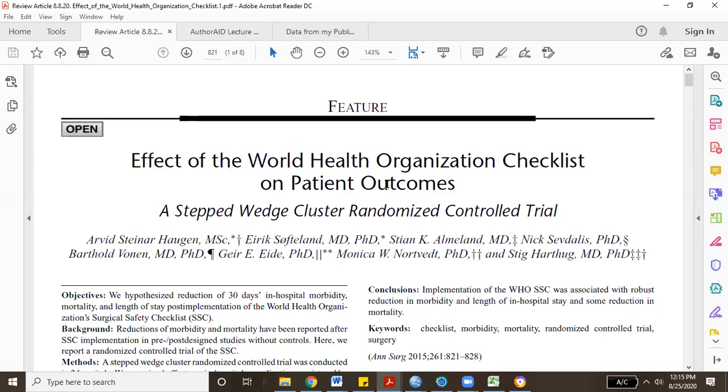So the authors have two groups of patients. One, they expose to an intervention or a treatment, which is using the WHO surgical safety checklist on them. The other group was not exposed to this treatment or checklist.